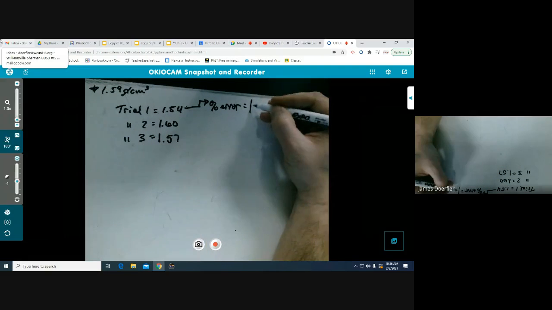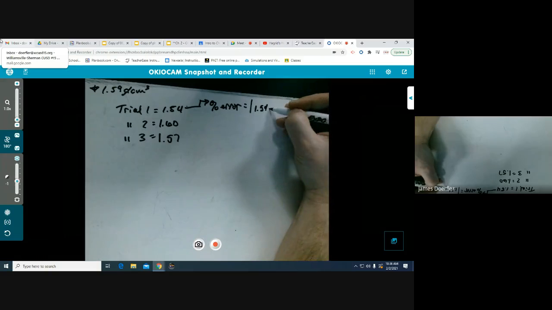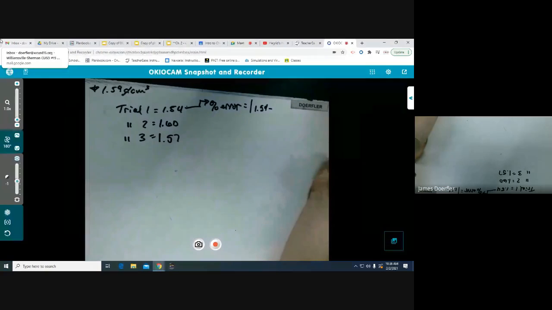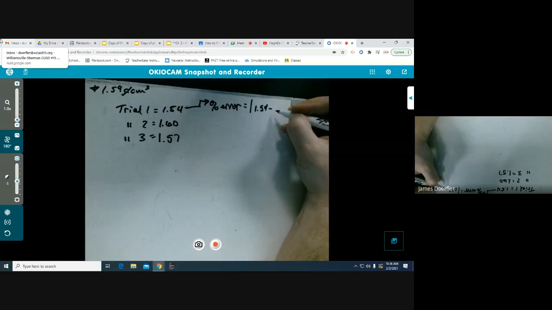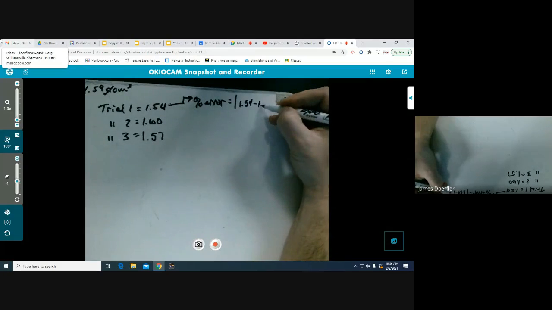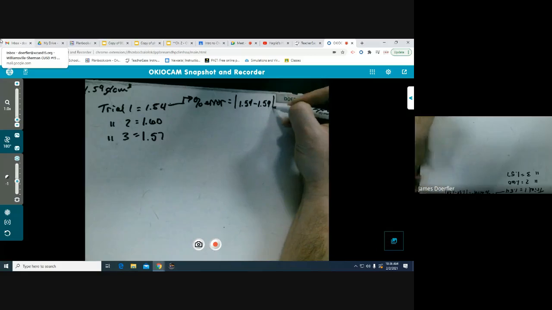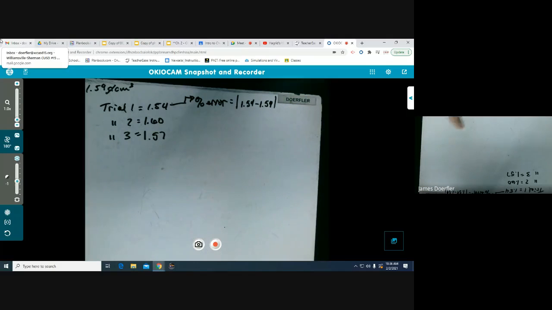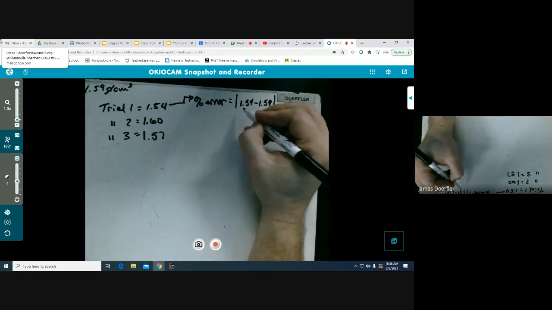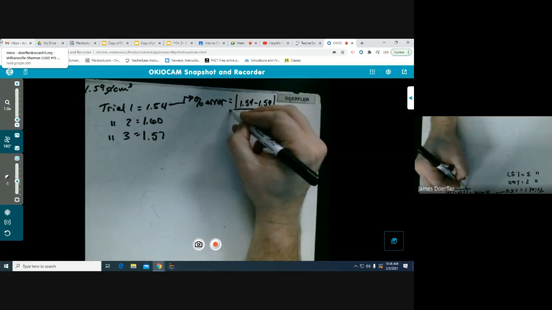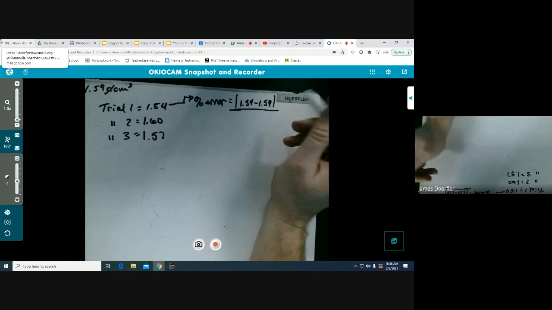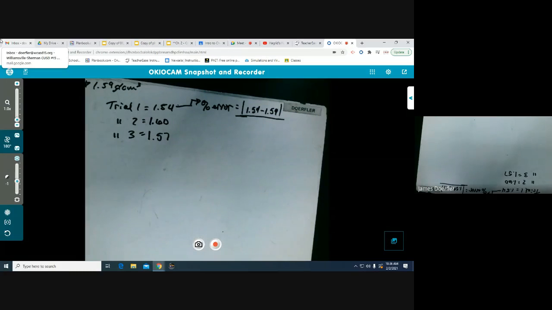So absolute value, 1.54 minus what's our accepted value or an actual value? Very good, 1.59. And you notice that I'm not putting in the units in here, okay? If you want to, you can put the grams per cubic centimeters in here. Mathematically, they would cancel out before they're included in your final answer.